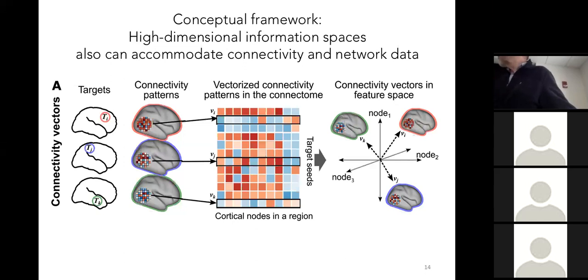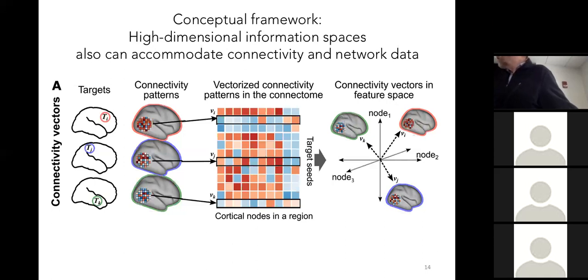So you can express the connectivity data in the same kind of matrix as the response data, where each column is a cortical vertex, and each row is a connectivity target.